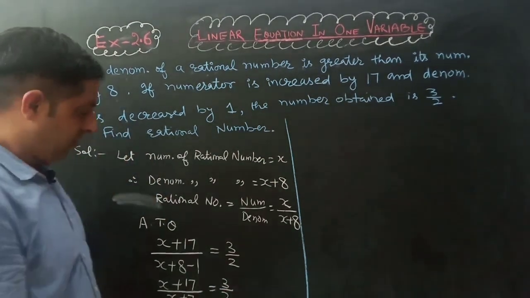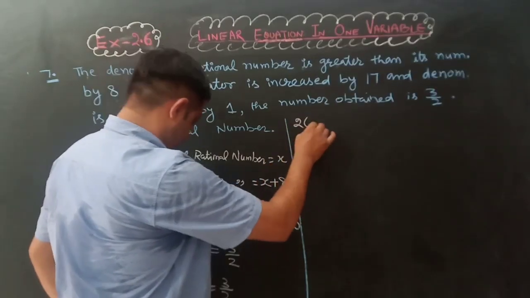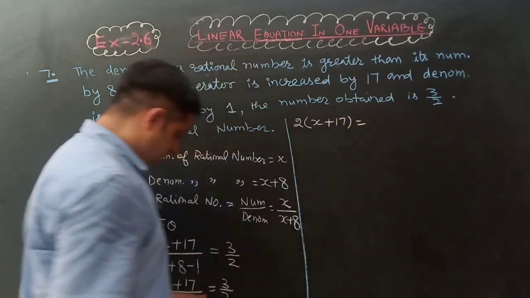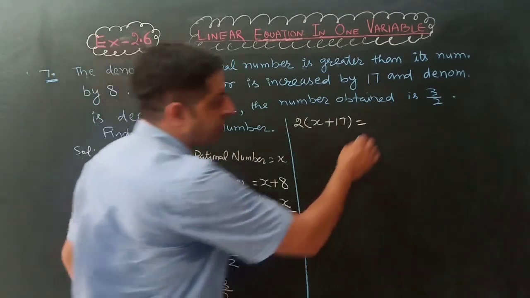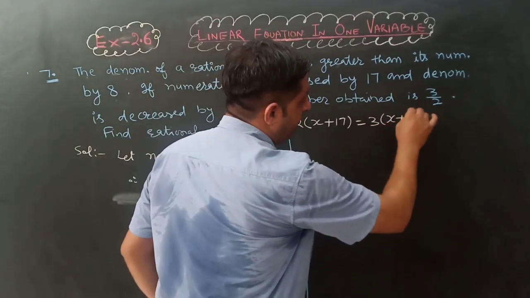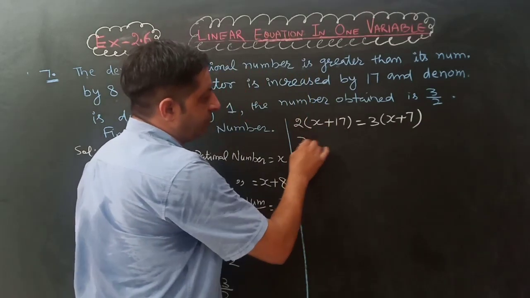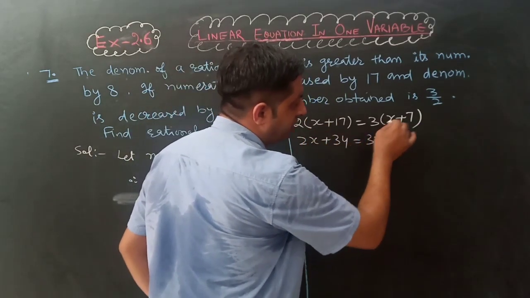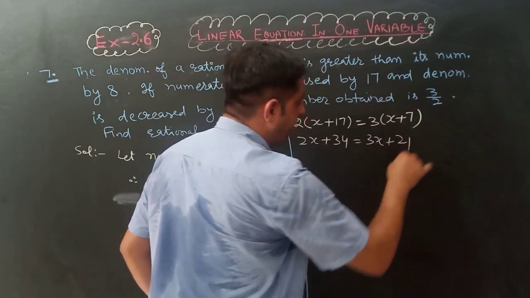Now cross multiply: 2 in the bracket, we will get x plus 17 is equal to 3 into x plus 7. Now multiply: 2x plus 34 is equal to 3x plus 3 into 7, that is 21.